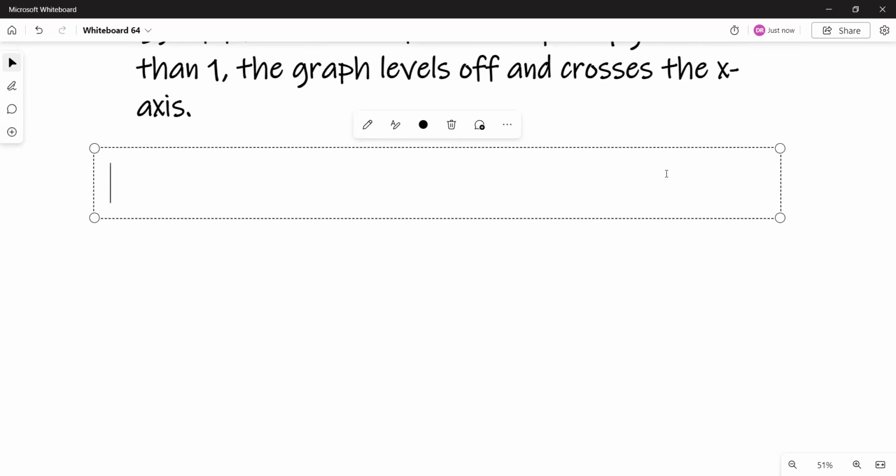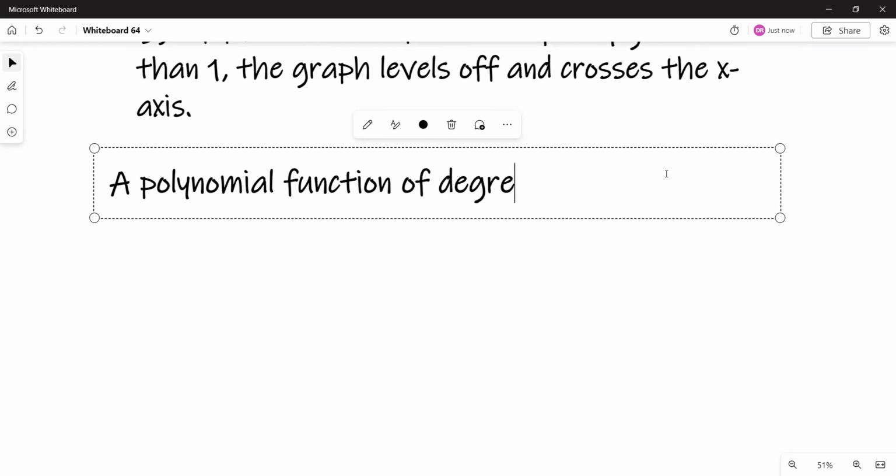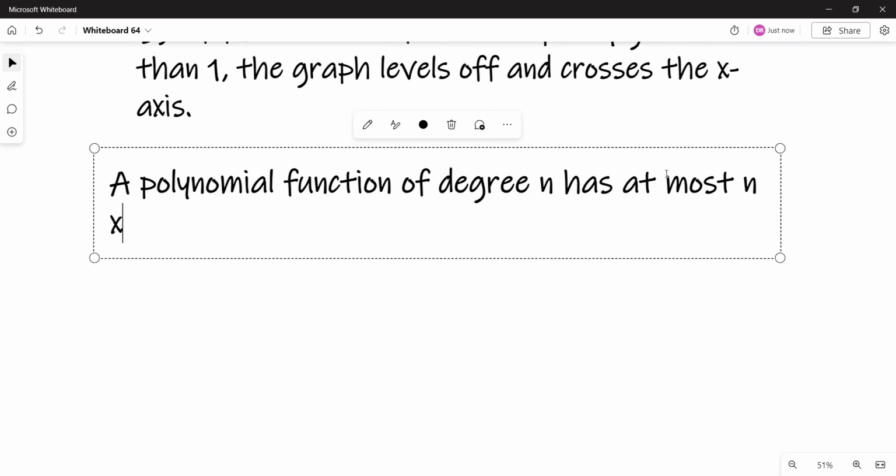So a polynomial function of degree n has at most n x-intercepts or n zeros.